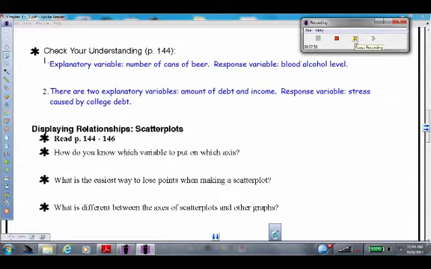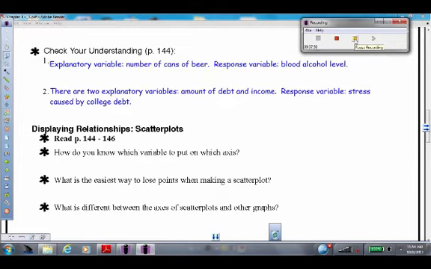So how do you know which axis to put which variable on? Always plot the explanatory variable, if there is one, on the horizontal axis. That's the x-axis of the scatter plot. As a reminder, we also call the explanatory variable x and the response variable y.